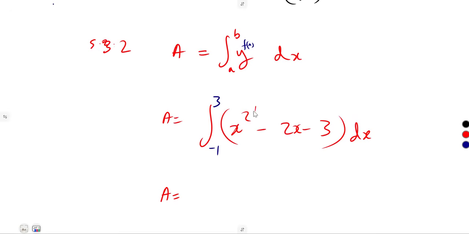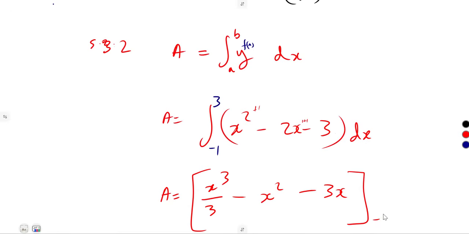So integrating, you add 1 on the exponent, remember. So that's x to the exponent of 3, divided by that exponent. We add 1 here, so it's 2x squared over 2. So it's going to cancel. So that's minus x squared. On a constant, when you're integrating, just put x there. So it's minus 3x. Our limits from what? -1 to +3.